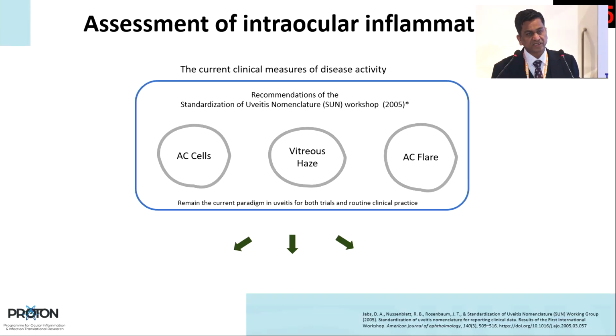It is very important that when you are doing imaging, you understand what you want to achieve through the imaging. So you want to assess AC cells or inflammatory cells, you want to assess vitreous haze, or AC flare, or any kind of inflammation, whatever is happening from front to back. But these are the three standard guidelines given by SUN: AC cells, vitreous haze, and AC flare.